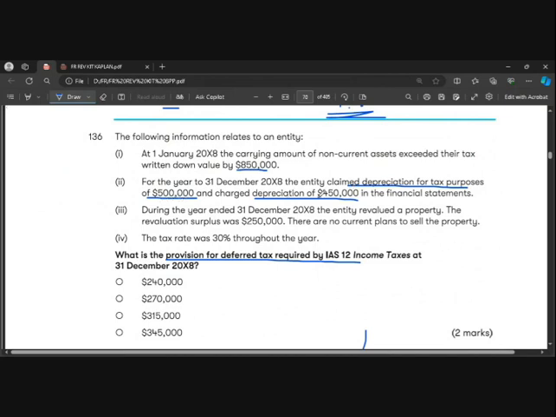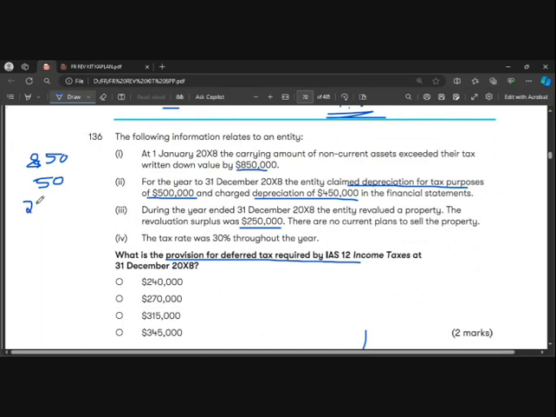So we have charged less, 450, so we have to add 50 again. Now, we're talking about a closing balance. Our closing balance will obviously contain revaluation. So there is a revaluation surplus of 250, right? Add up the 250.